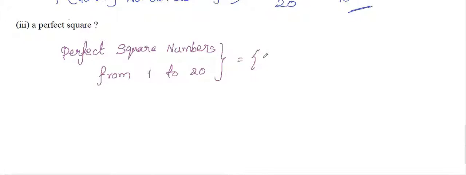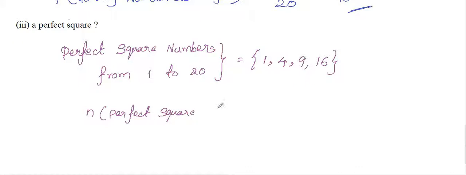So these four numbers are the perfect square numbers from 1 to 20: 1, 4, 9 and 16. So the number of favorable outcomes, the number of perfect square numbers from 1 to 20, is 4.